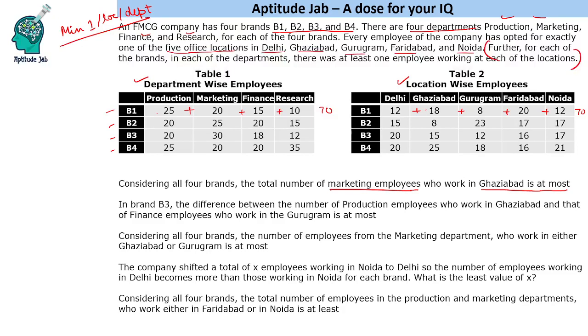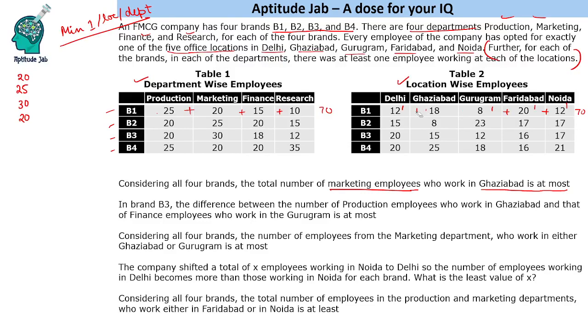Okay, so let's first see how many employees can be there. Let's start with brand one. So brand one, if we see, there are 20 marketing employees. Now out of these 20 marketing employees, we have to assign at least one to all other locations except Ghaziabad.